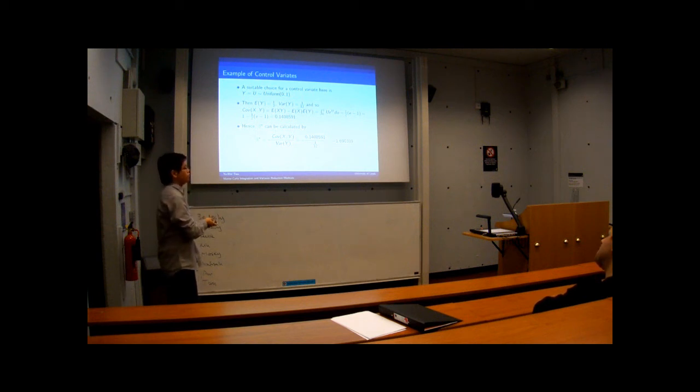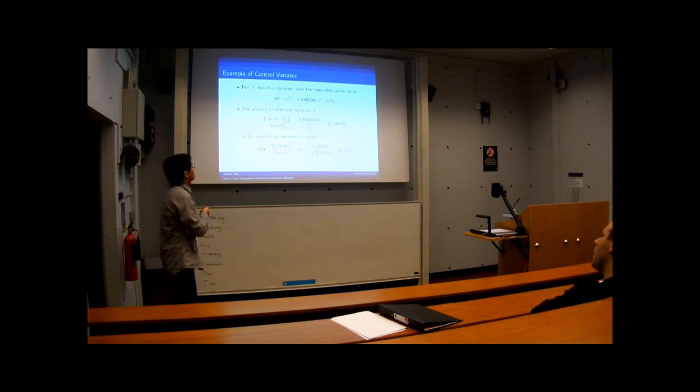By the formula I gave before, we can put these values in the equation, and we got beta star is minus 1.690309.